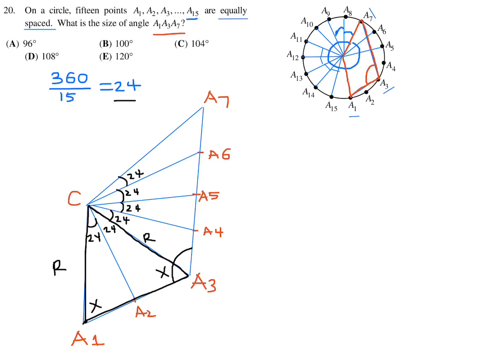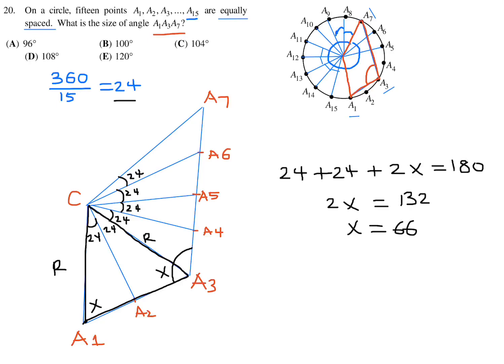So we can use the relationship of those angles to figure out x. So 24 plus 24 plus 2x is 180. And therefore 2x is equal to 132, x is equal to 66. So we've got half the puzzle solved.